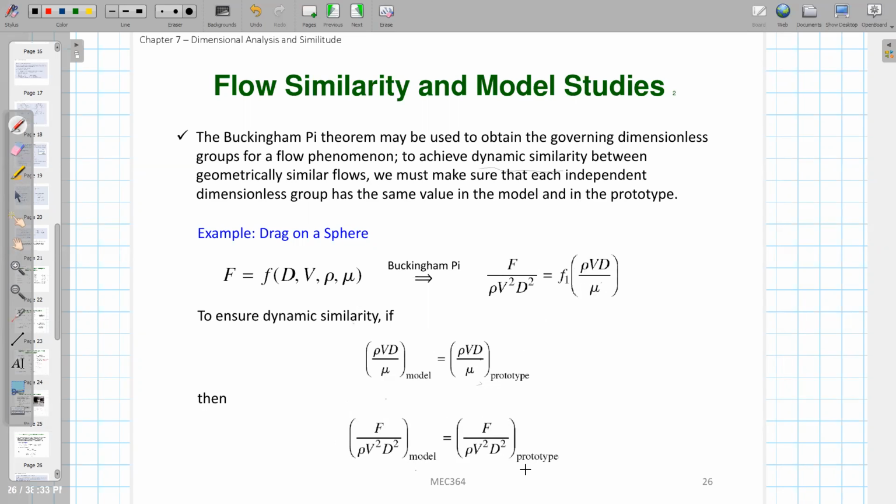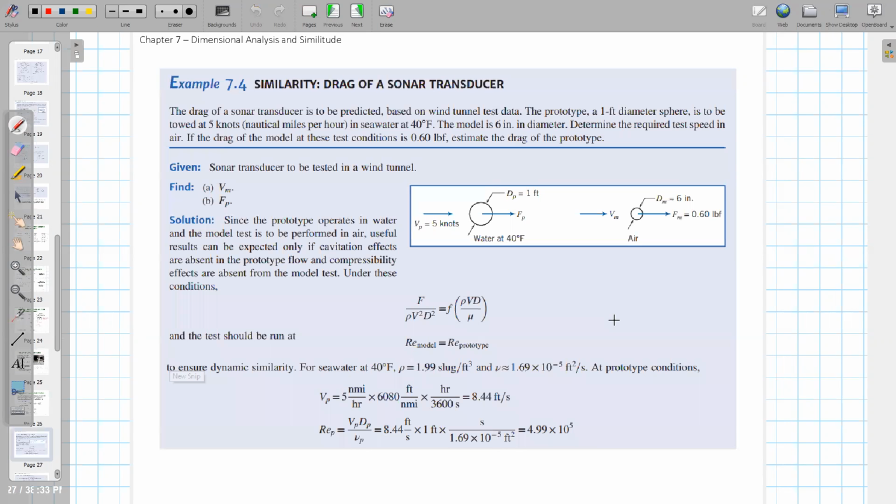By this way we can guarantee that they are dynamically similar, because the forces just differ by the same constant scaling factor. All right, and so this is the usage of this dimensionless parameter.